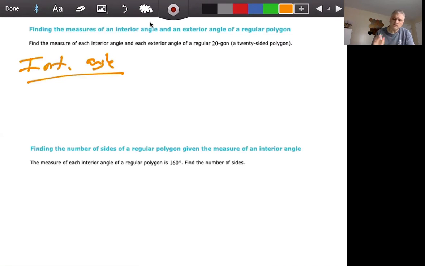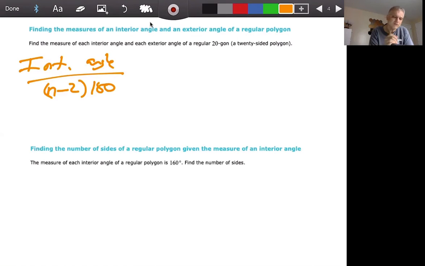Okay. So we know that for an n-sided polygon, the sum of all the interior angles is n minus 2 times 180.